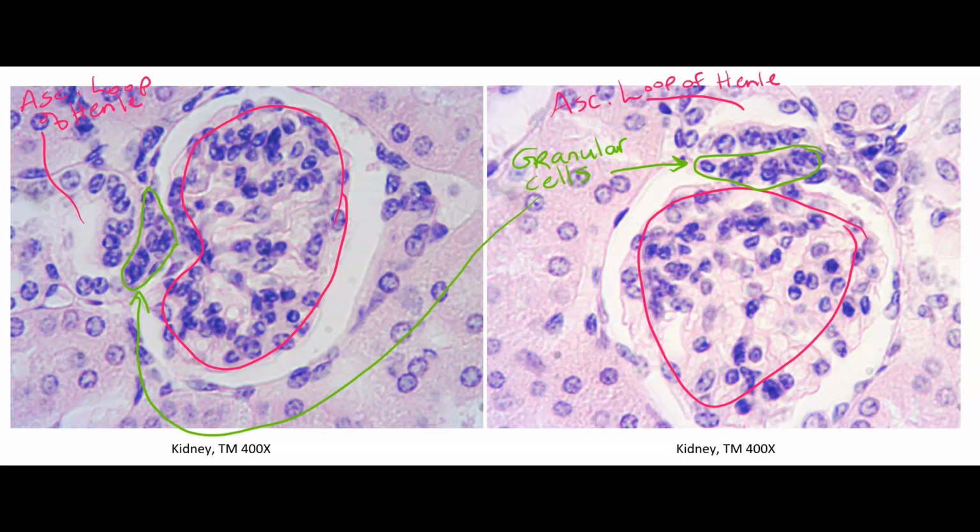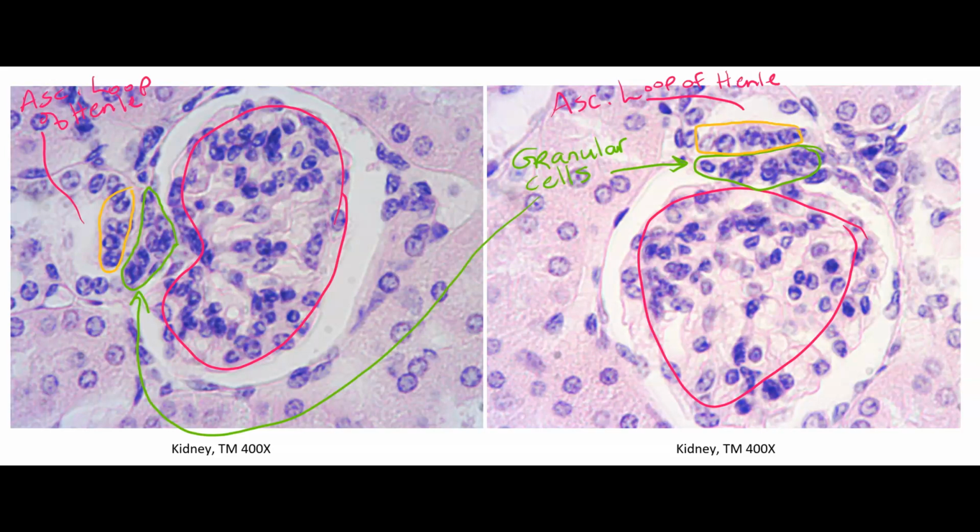And then lastly, we'll look at the macula densa cells. You can see that these cells are actually part of the wall of this loop of Henle, and their job is to serve as chemoreceptors. They're monitoring filtrate that's about halfway through the nephron, maybe about 2/3 of the way through the nephron.